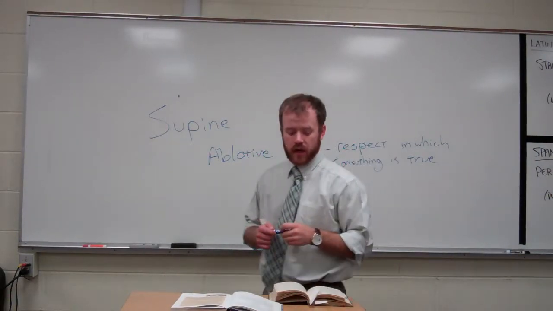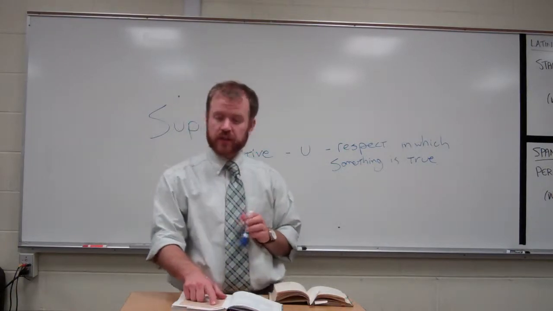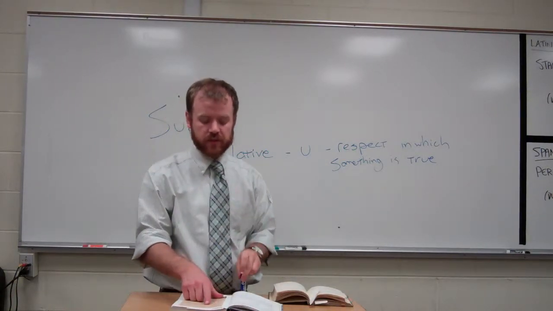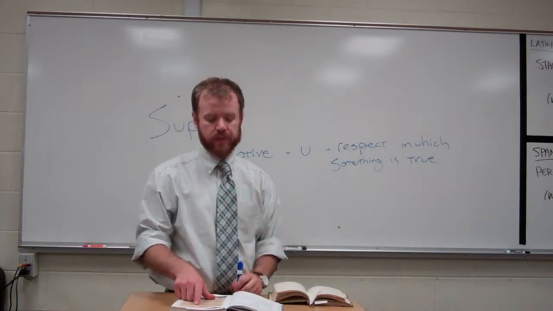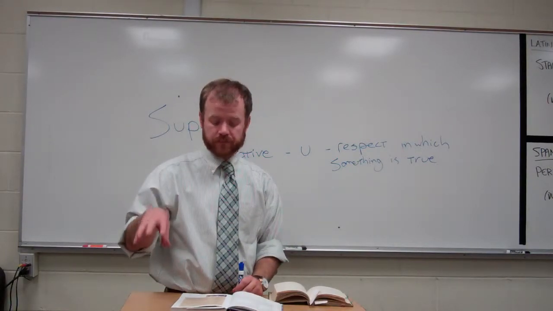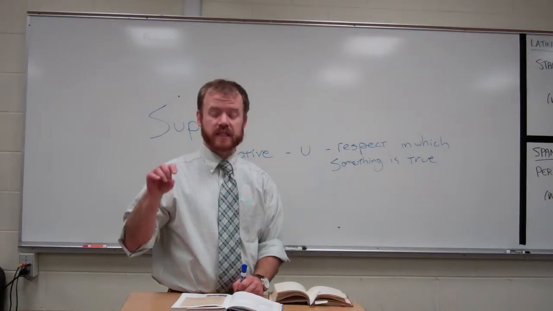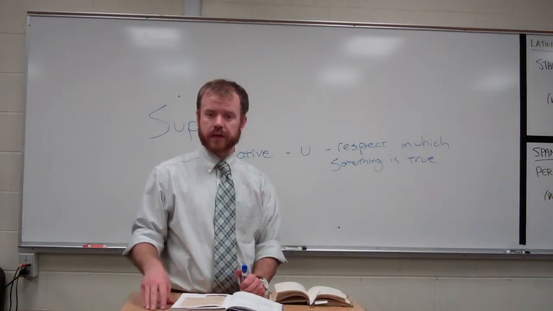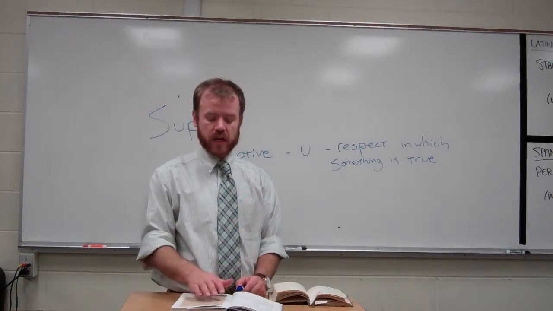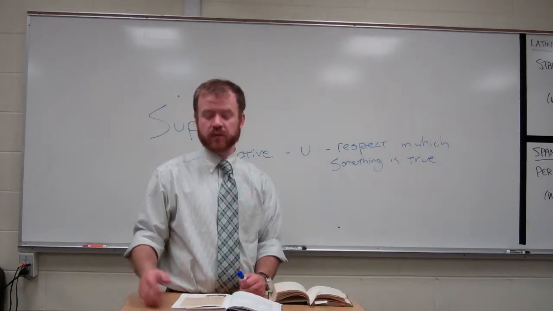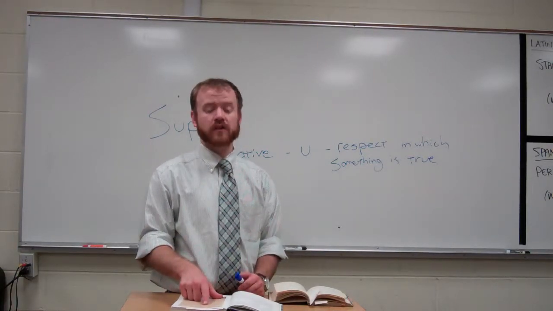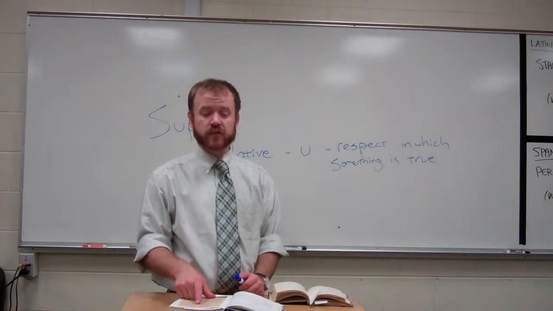All right. So in your examples, Caledonii sunt terribiles visu auditu que. So the Caledonians are frightening in respect to their sight, in respect to their hearing. That's how the literal translation goes. Your book translates it similar to a purpose: the Caledonians are terrible to see and to hear.